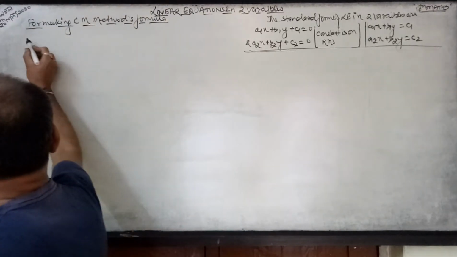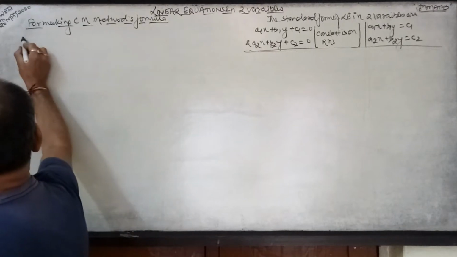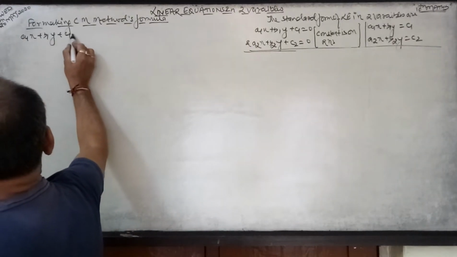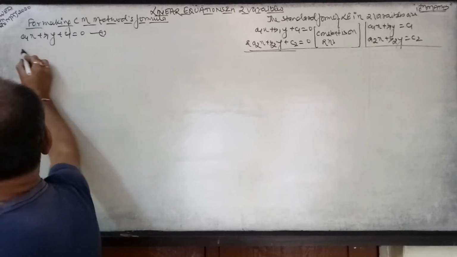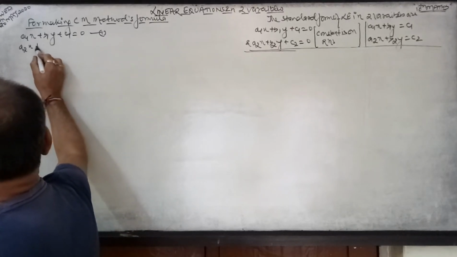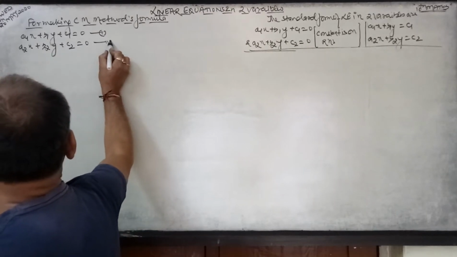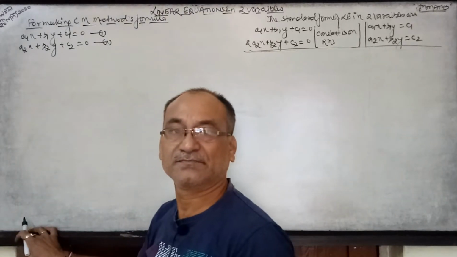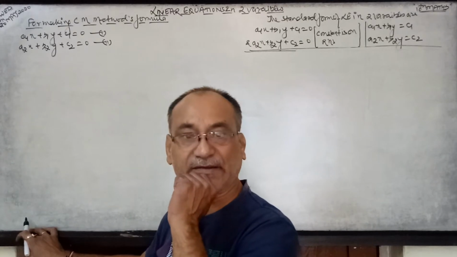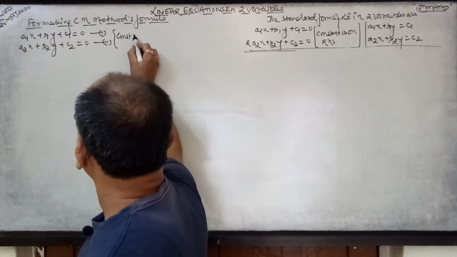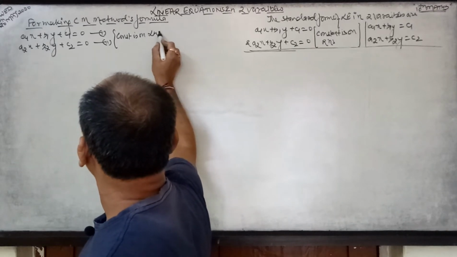So now you please write first of all the standard formula a1x plus b1y plus c1 is equal to 0 is the first equation, and a2x plus b2y plus c2 is equal to 0. This formula we are making when the constant is on the left hand side.